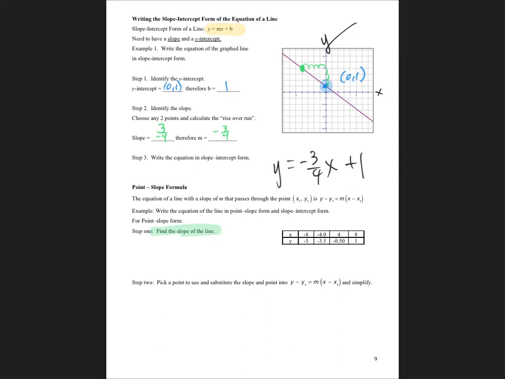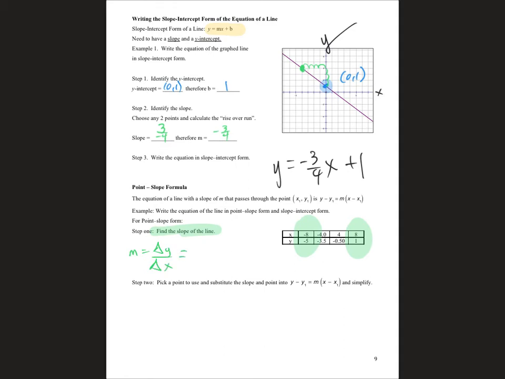If I find the slope, all I have to do is pick any 2 points, and I don't care which ones you want to pick. You probably want to avoid decimals, so you'll want to pick those 2 points. That's fine. So I'm going to calculate my change of y over my change of x.